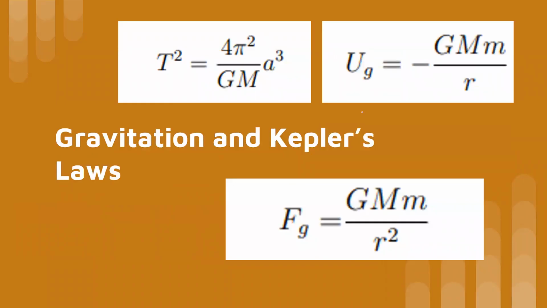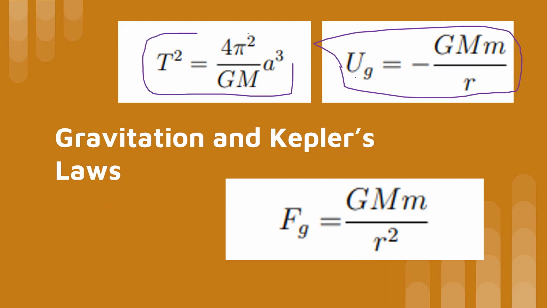Finally, we'll finish up with some of the gravitation and Kepler's laws of planetary motion. Again, I'm not sure if you'll be tested on this, but I will talk about it very briefly here at the end. And actually, we don't really need this either. We can actually do all of the problems that we have in this class using just Newton's law of gravitation.